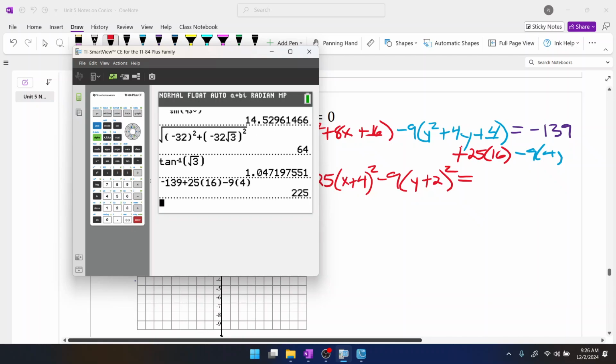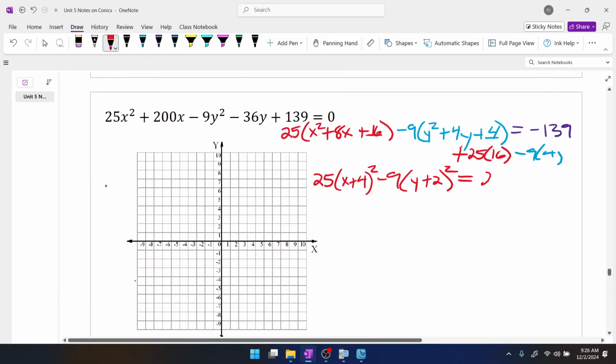And let's see, 225. Well, that's not a surprise, because here's the thing. We're going to divide everything in this equation by 225. And when we do that, 25 times 9 is 225.